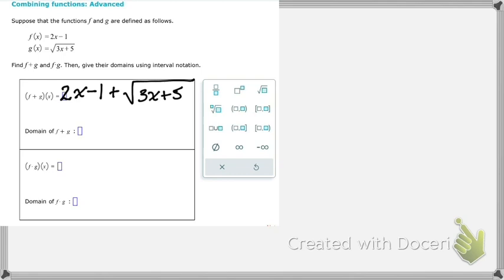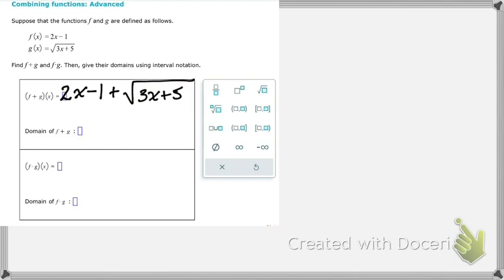Now for the domain of this, I'm looking at this expression, and the limitation on the domain, which is the possible inputs, what values of x can I substitute into this function? The problem is the radicand. So I need this radicand to be positive or 0.